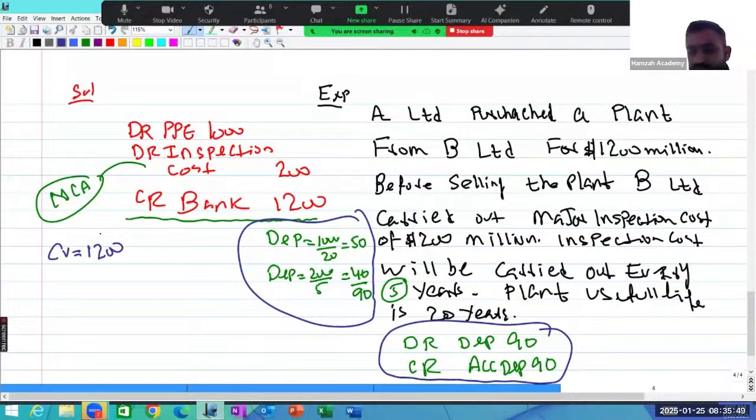In the balance sheet, I will show the total 1200, which consists of 1000 value of the plant and 200 of inspection cost, minus the accumulated depreciation of 90, in which 50 consists of the plant and 40 of inspection cost, and the total carrying value will be 1110. Okay, got it? Any question?